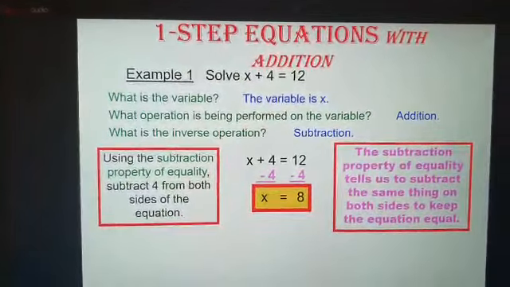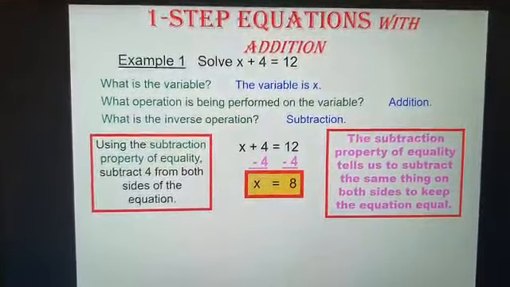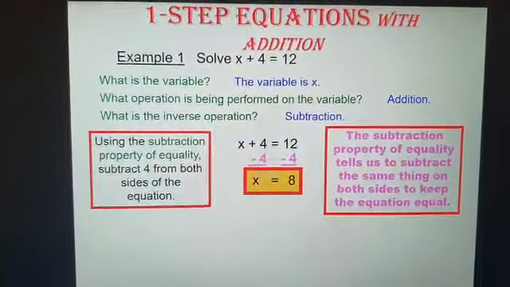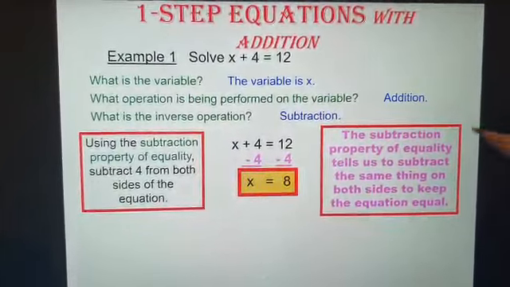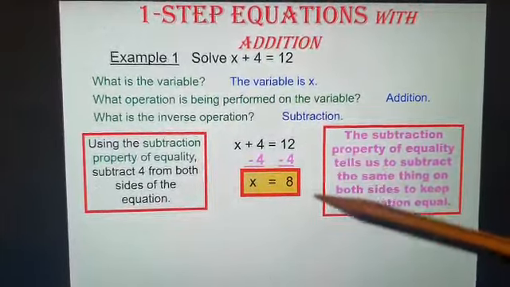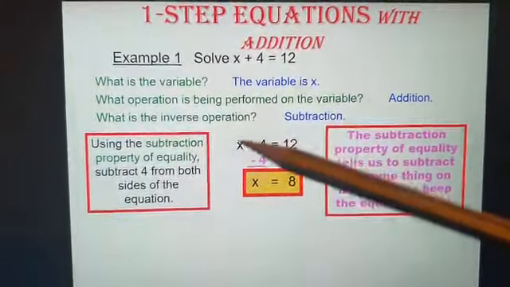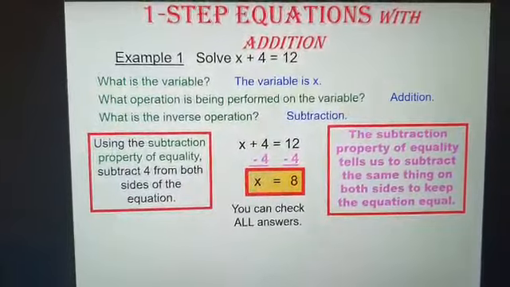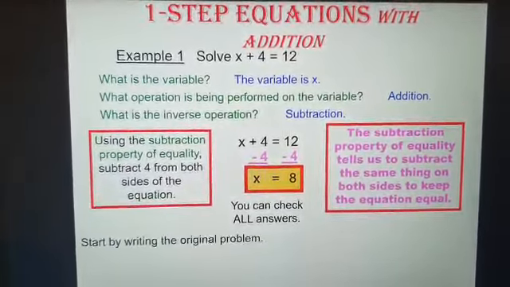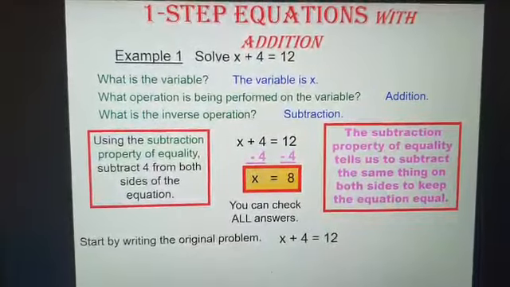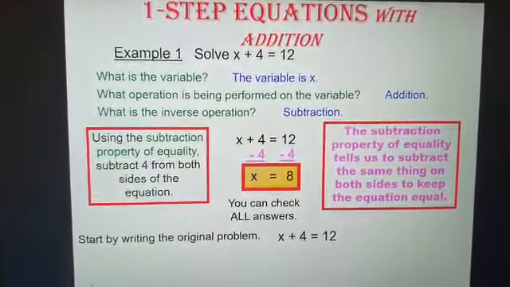After we solve the equation, we have to check if our answer is correct or not. To check, we will use the main equation. So we have to substitute the value of x inside the main equation. So I'll remove x and put 8. So x plus 4 equals 12: you rewrite it again, then remove x and put 8.